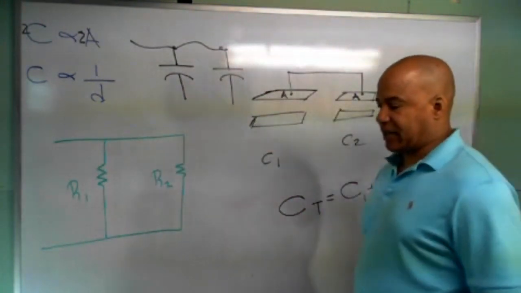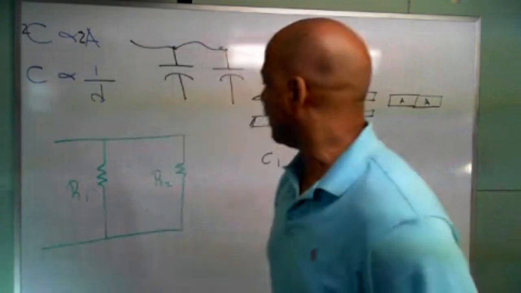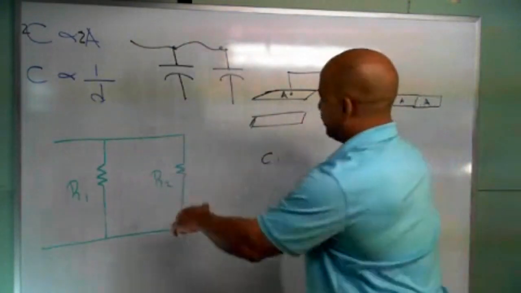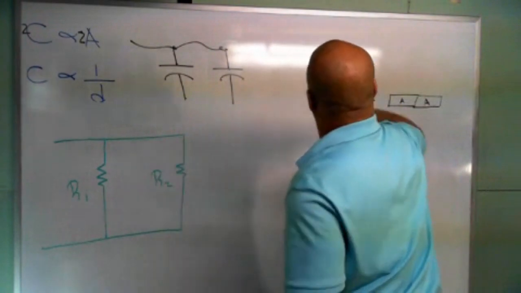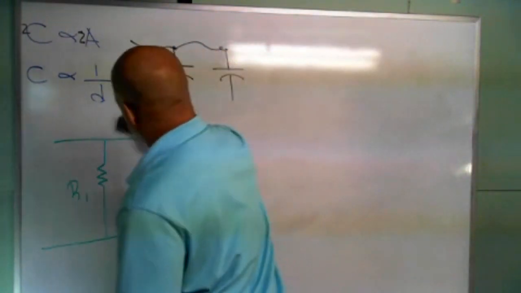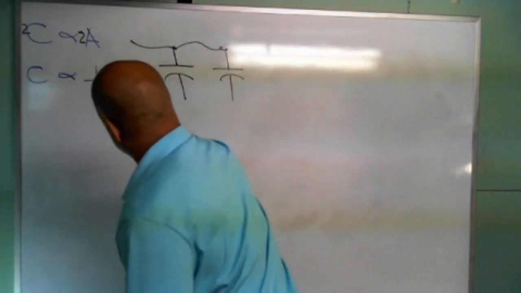If that's the case, then let's look at the other way to connect. What if instead of having my resistors in parallel, I have my resistors in series? Now what happens?